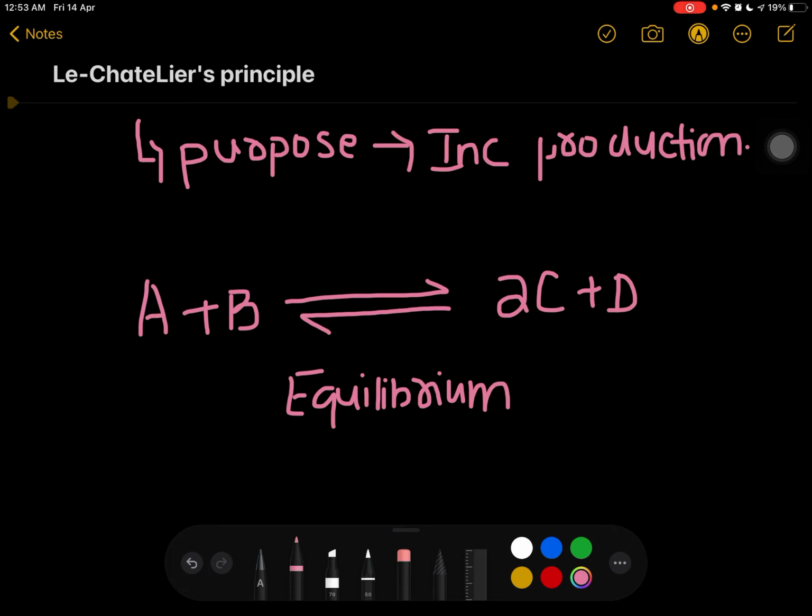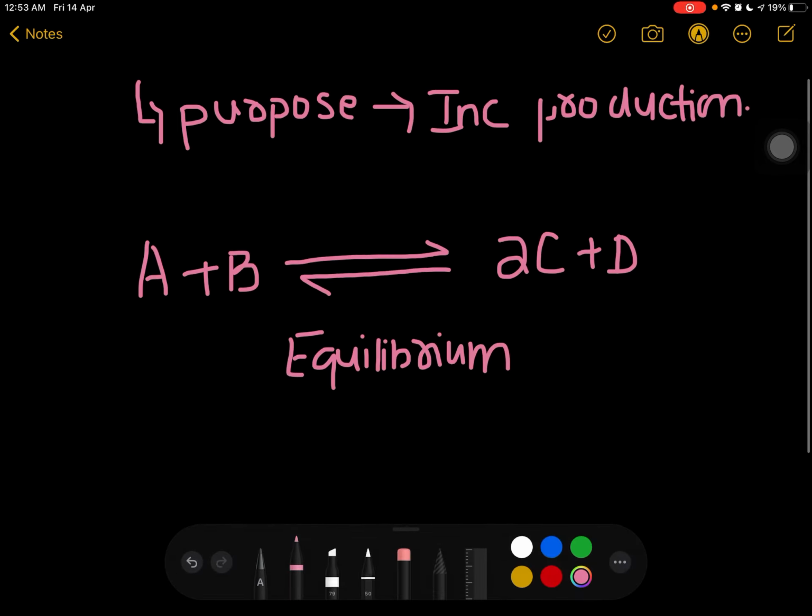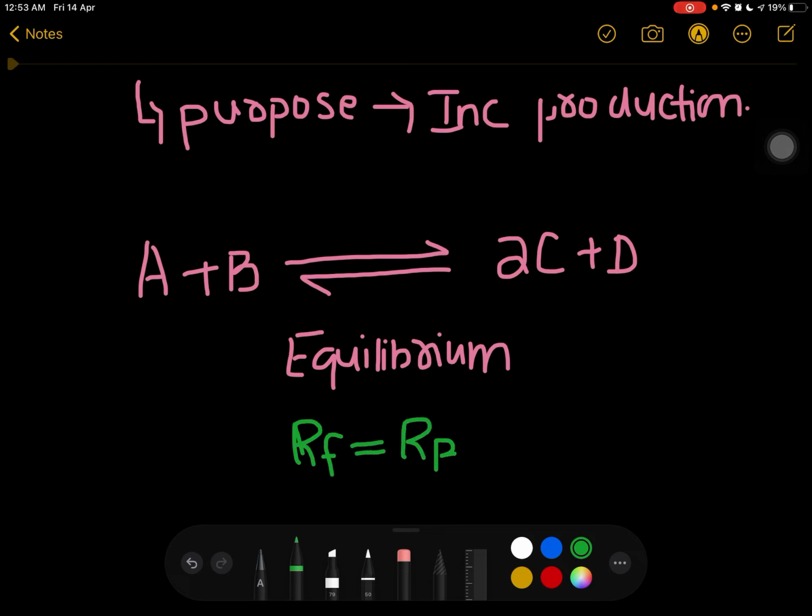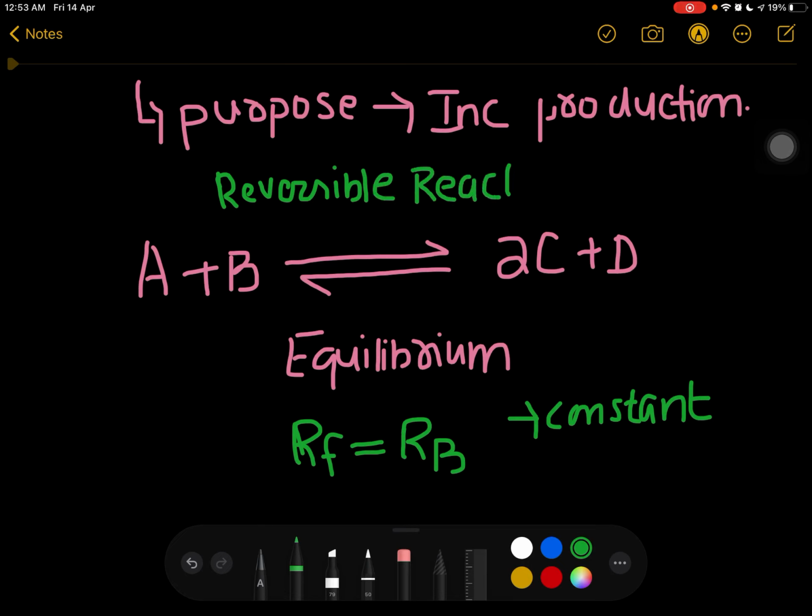When they are at equilibrium, it means that the rate of the forward reaction is equal to the rate of the backward reaction, and the concentrations of the reactants and the products are both constant, right? And which type of reaction is it? It is a reversible reaction.